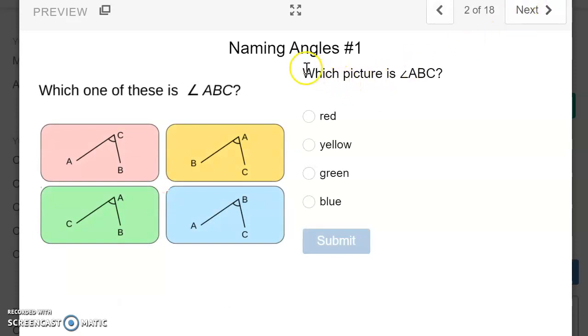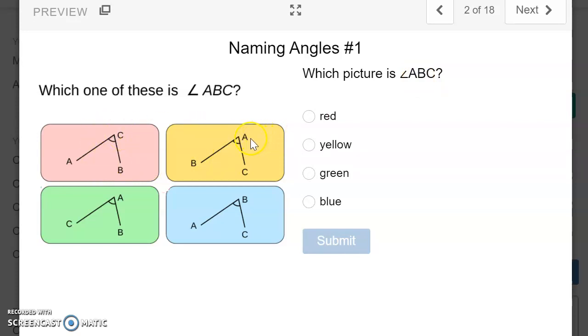Okay, naming angles number 1. Which picture is angle ABC? Okay, angle ABC. Remember, it's the middle letter that should be at the vertex of the angle, where the angle symbol is. So B has to be here, at the vertex.